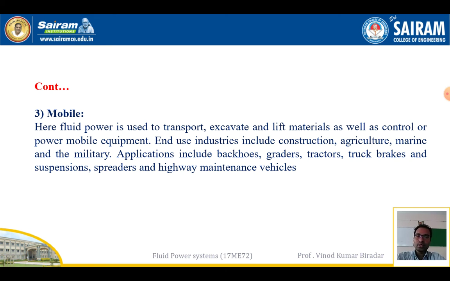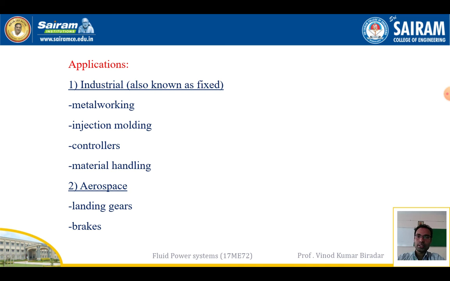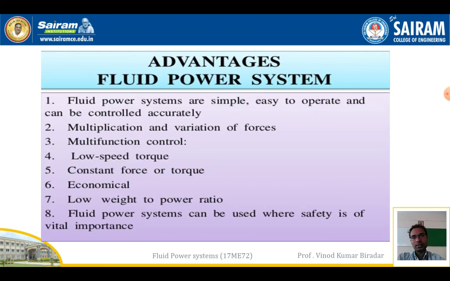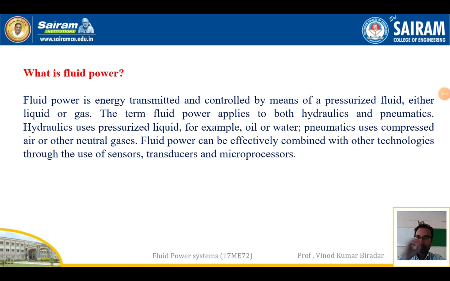In the mobile sector also we use the hydraulic power system. Just to recap: what is a hydraulic power system, and what are its advantages? A hydraulic power system uses a liquid to transmit power from one component to another with the help of a fluid. Liquids or gases are called a fluid power system.